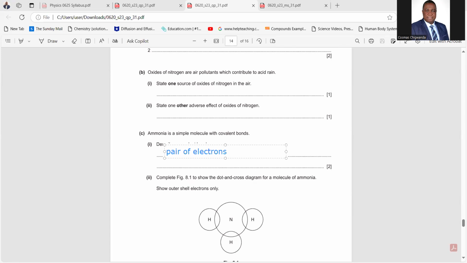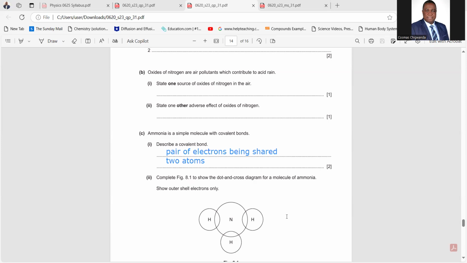And then they also want you to mention the fact that this pair of electrons is being shared between two atoms. So for me to form a covalent bond, I should have at least a pair of electrons and then two atoms present, and in between them they're sharing this pair of electrons. So that would be our answer there.